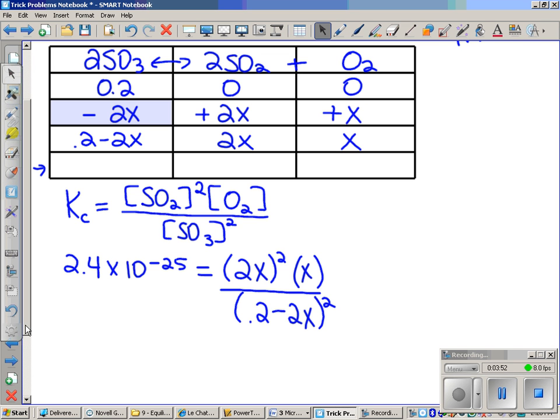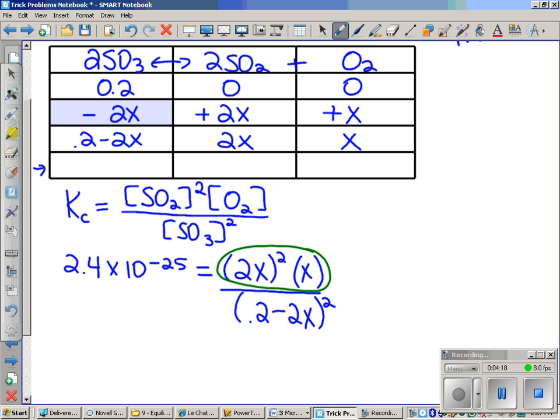All right, so at this point, we would distribute, maybe FOIL the bottom here. We would deal with the top of that ratio. Notice what's going to happen up here on the top. If you take a look at this right here, we are going to have 4x squared times x, which is going to give us 4x cubed. Quadratic formula is not quite fun when you're dealing with cubed values, and it's not nearly as straightforward.